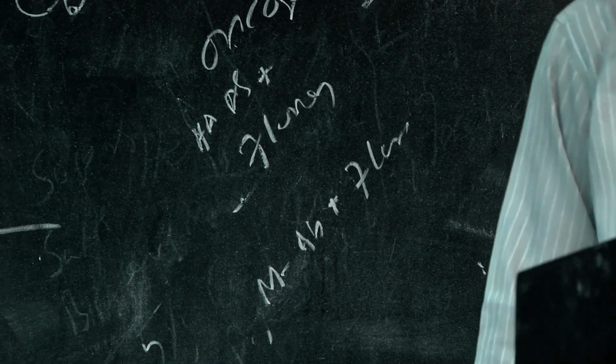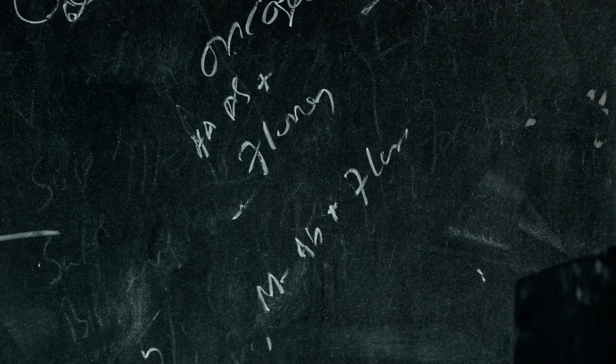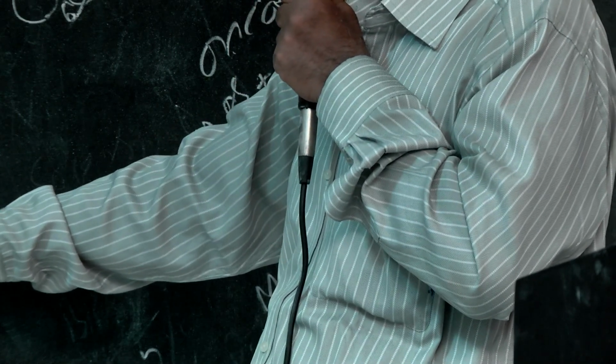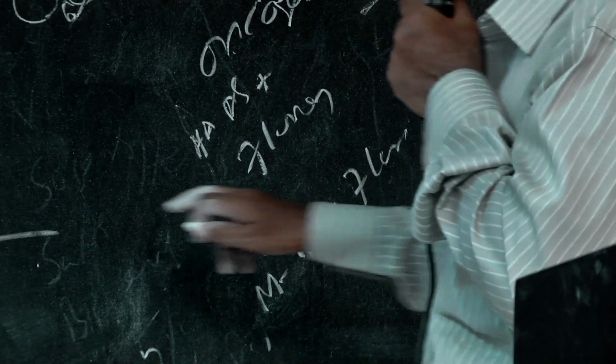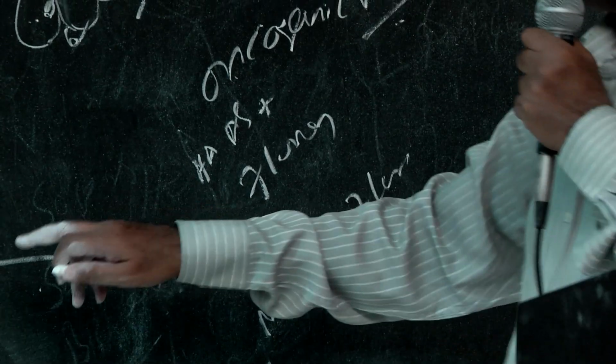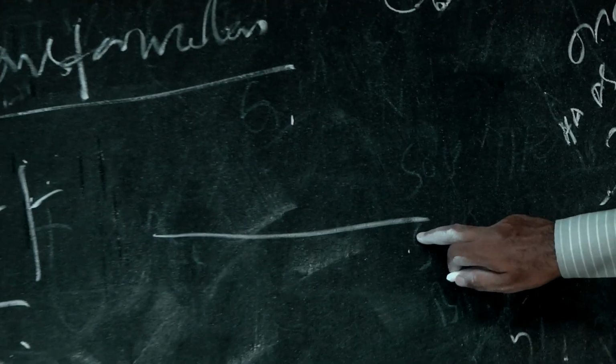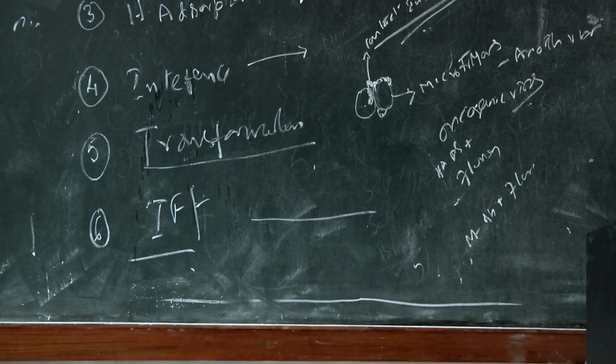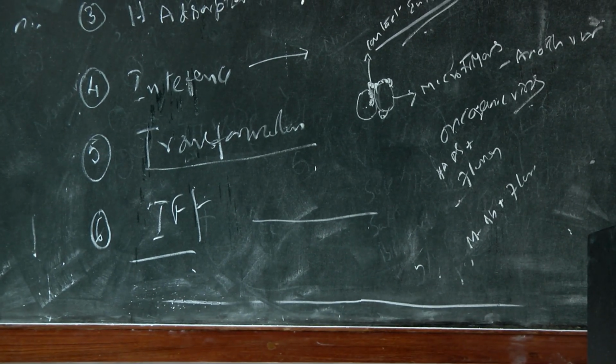If there is growth and specific antibodies conjugated to fluorescein are added, and you see fluorescence under the microscope, it indicates that the specific viral growth is present.